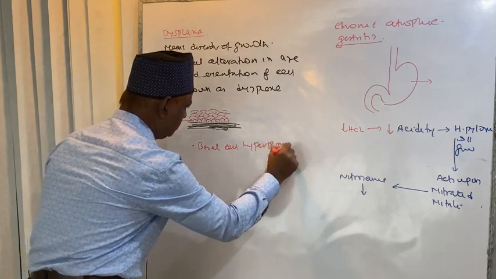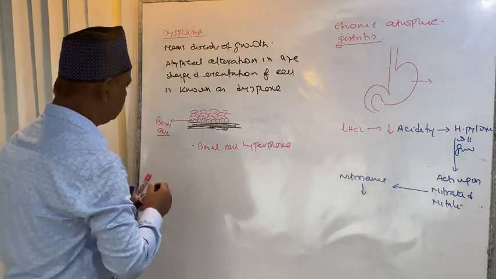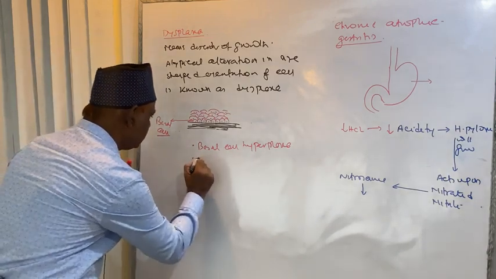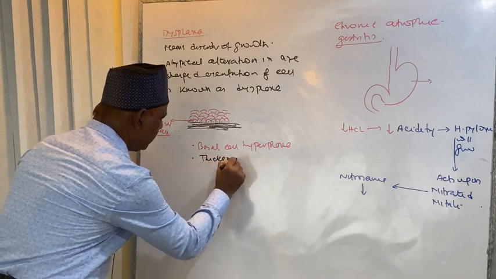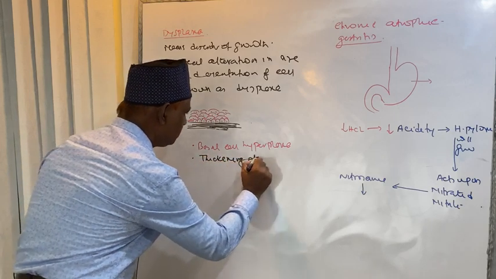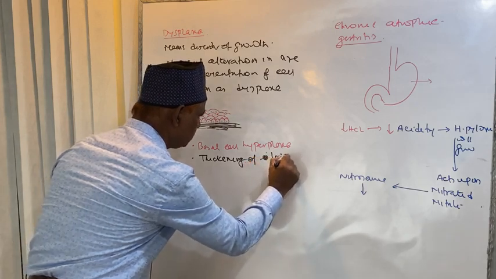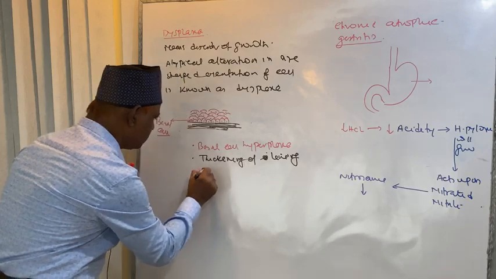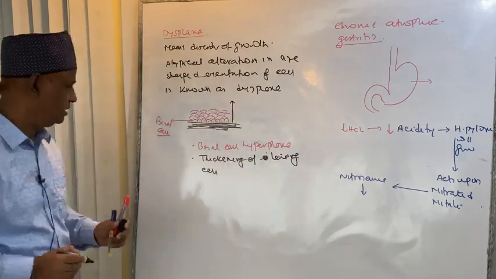One is basal cell hyperplasia. There will be basal cell hyperplasia. Another is thickening of the lining cells. There will be thickening of the lining cells.